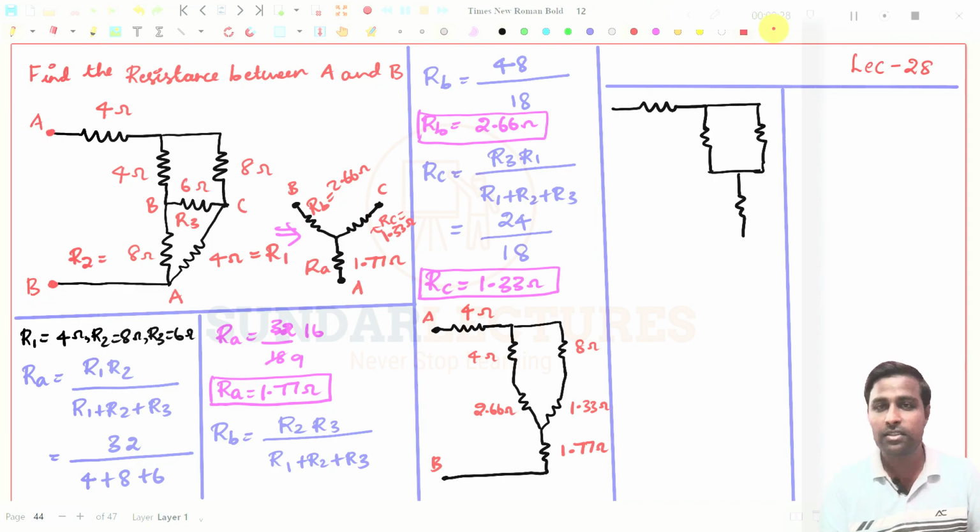So see, this is point A, this is point B, and this is a 4 ohms resistor, and this will be a 1.77 ohms resistor. There is no difference here. So I will perfectly write it down.